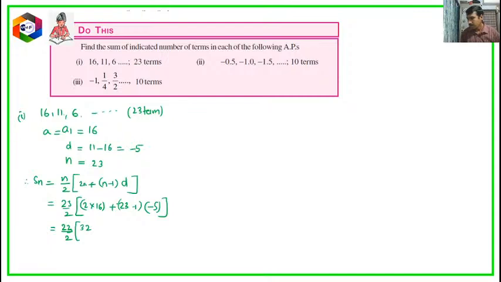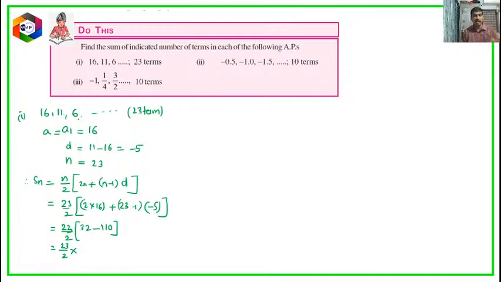Remaining children also please try to respond in the chat box. So 22 5s are 110, that means minus 110. So it is equal to 23 by 2 into 32 minus 110. The answer will be negative because it is a decreasing arithmetic progression.